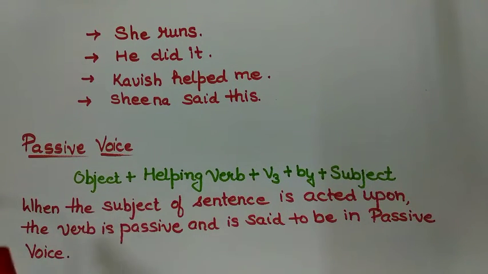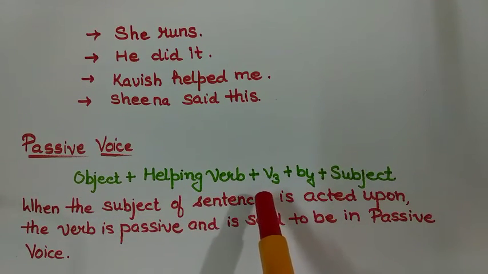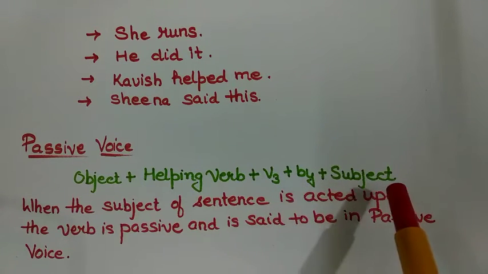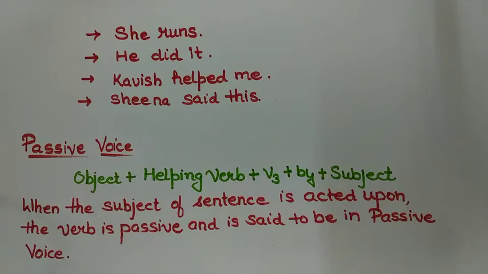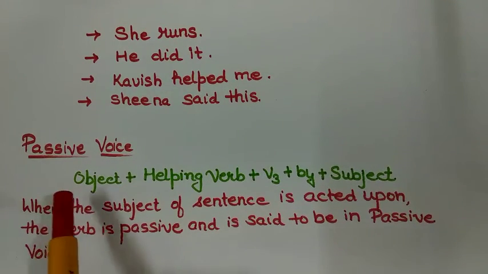In passive voice, the formula is object plus helping verb plus third form of verb plus by and then subject. The object here is the object in the active voice. When the subject of the sentence is acted upon, the verb is passive and is said to be in passive voice.